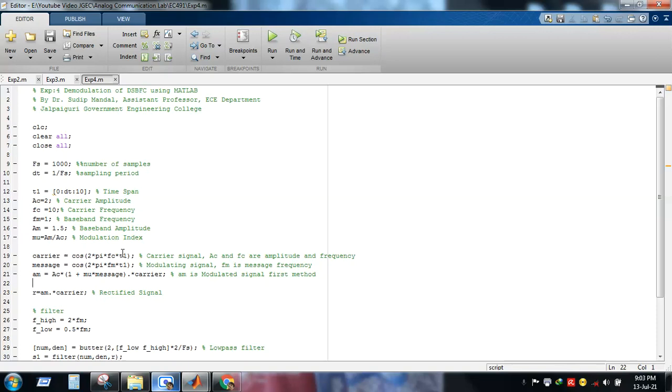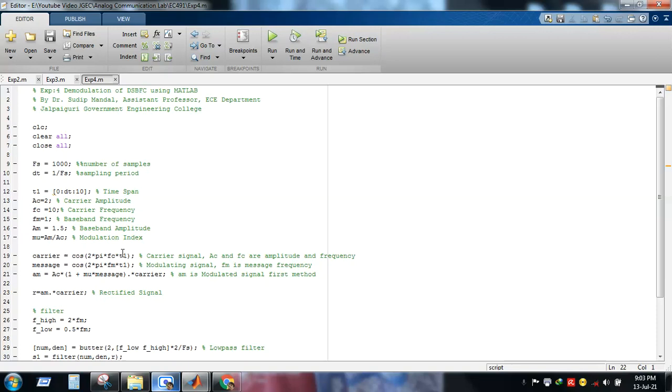We already know that am is AC into 1 plus mu into message signal, multiplied with the carrier signal, that is the DSBFC equation. That means A into 1 plus mu x(t) into cos omega c t. Just the same expression is represented using MATLAB syntax. So here am is the DSBFC signal. That is the modulation part.